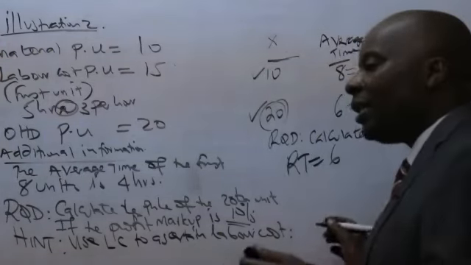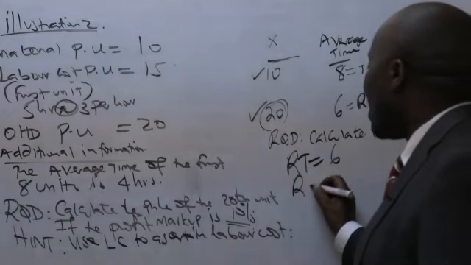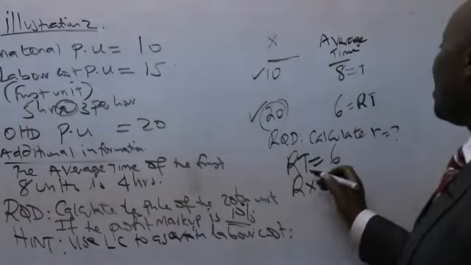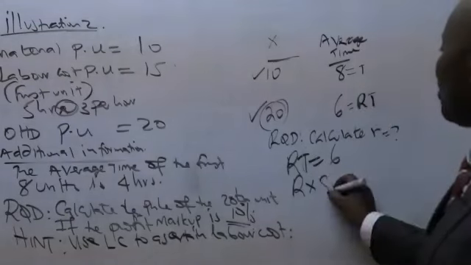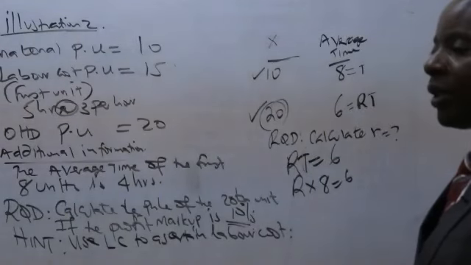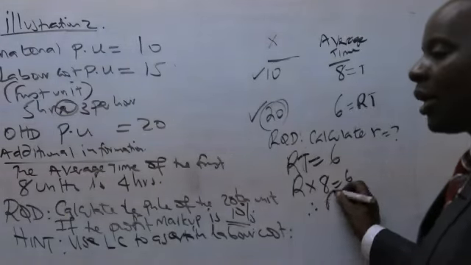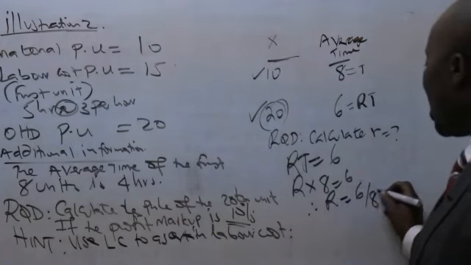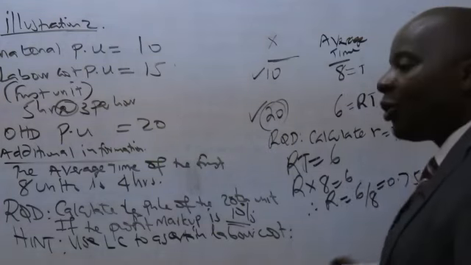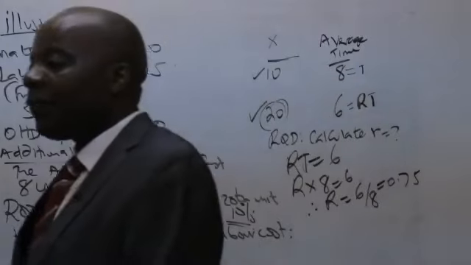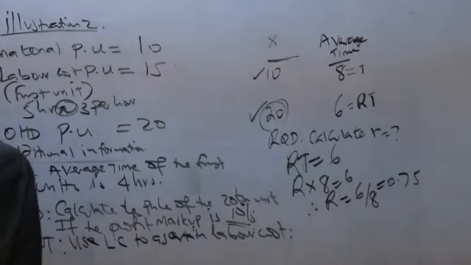Then R times T, T that we already have here, which is 8, equals 6. Then R alone will be 6 out of 8, which will give us 0.75.